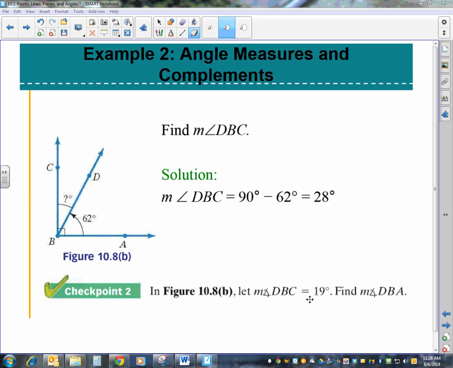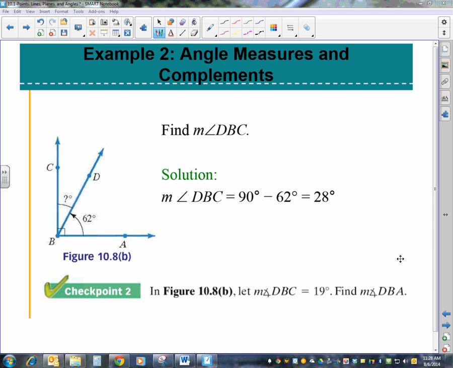Let DBC measure 19 degrees. Find the measure of DBA. So DBC, they're telling me this is 19. They want to find this one. Regardless, the two angles are complementary, so they're going to add up to 90 degrees.